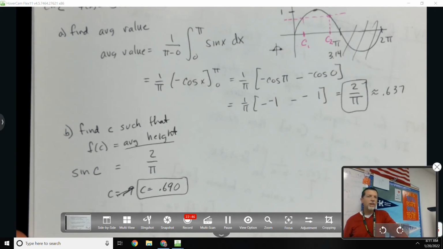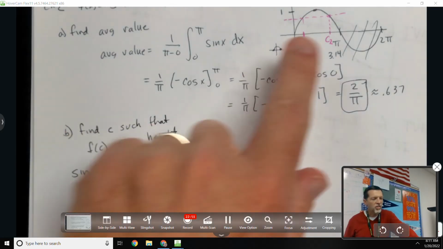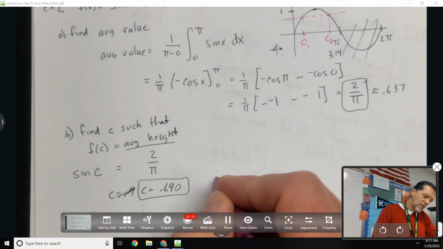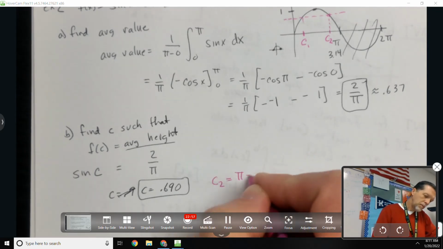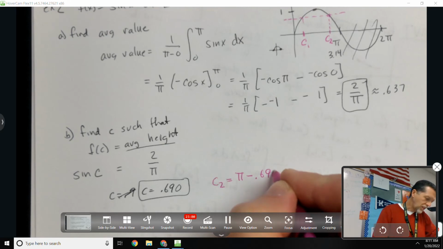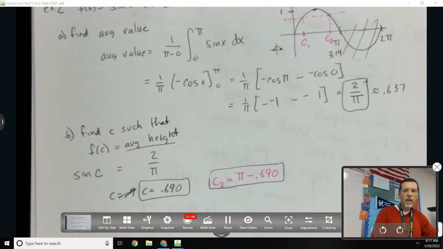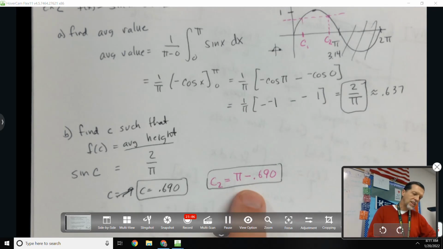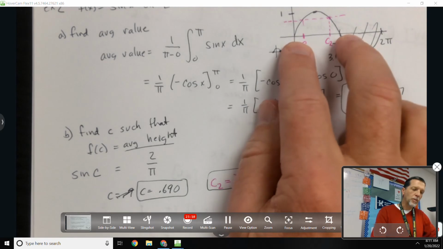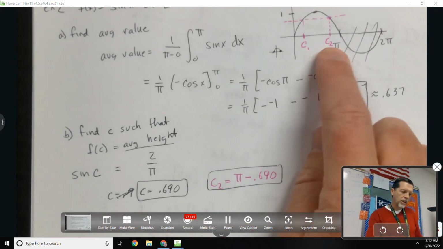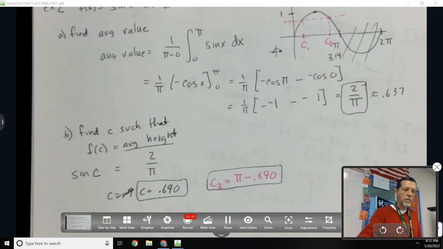But the calculator only gave me one of those spots. Can you tell by the picture how to find C2? Pi minus the first one. That's the inverse sine rule, but you may not remember the inverse sine rule, but hopefully you could tell by the picture, the symmetry there, that C1 from the calculator, C2 sort of from the picture.